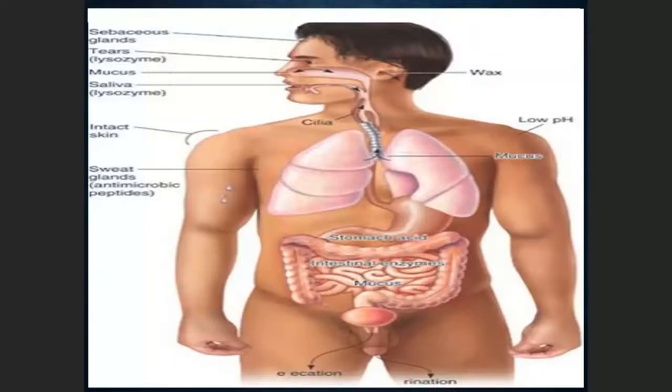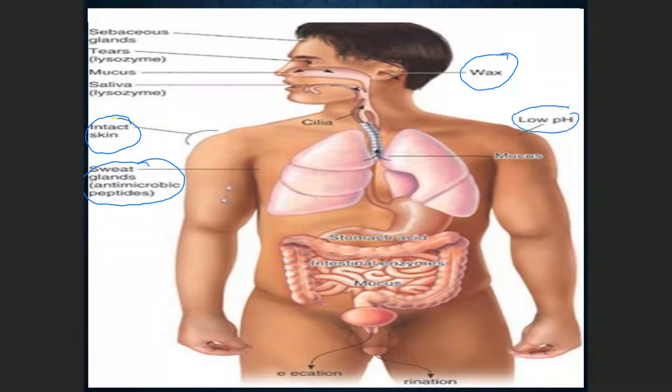This is the picture of some first lines of defense, like for example the skin structure and the sweat glands, producing sweat and lysozyme at the same time. Wax in our ear also protects against the entrance of bacteria.